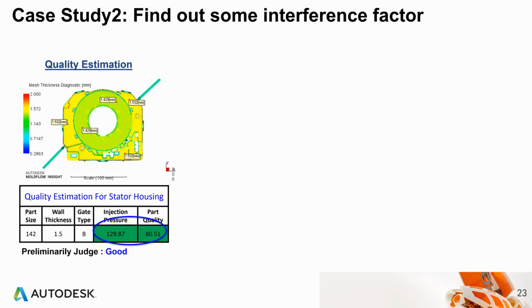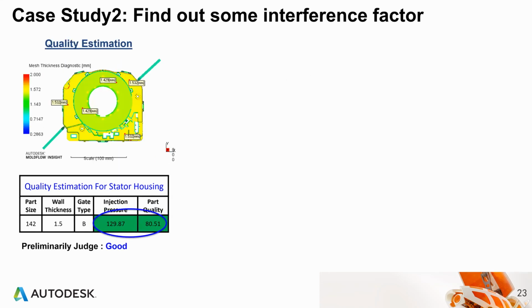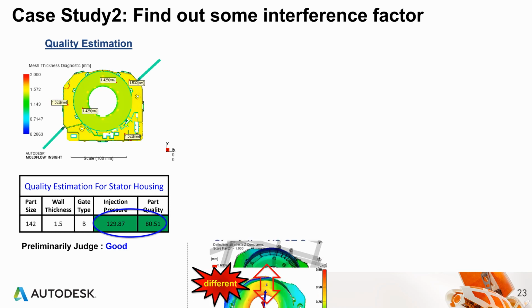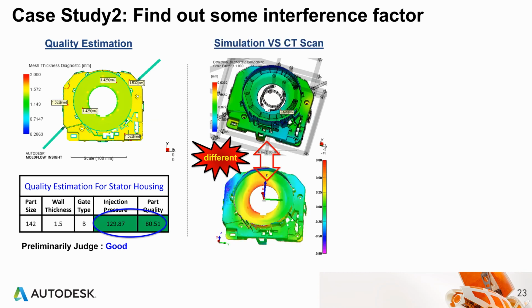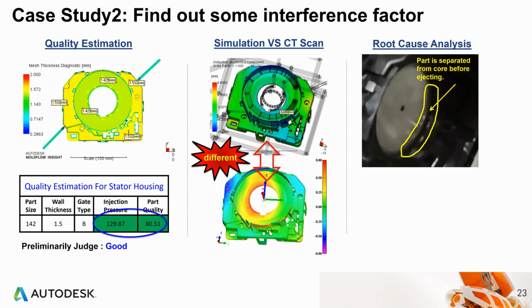Case 2. From the database, we can see the part quality is good, but in actual, the warpage is not good and inconsistent with the simulation results. To find out the root cause, we went to manufacturing, and we saw the part was separated from the core side before injecting.